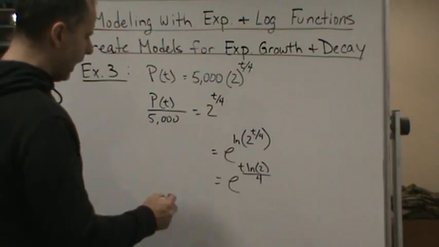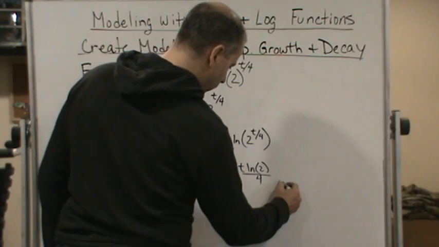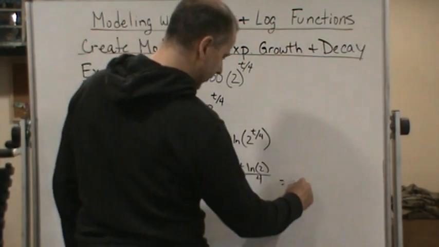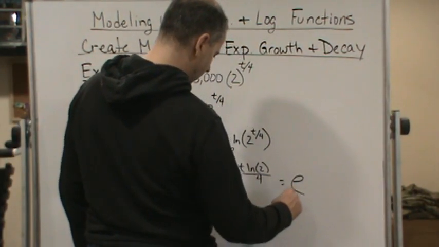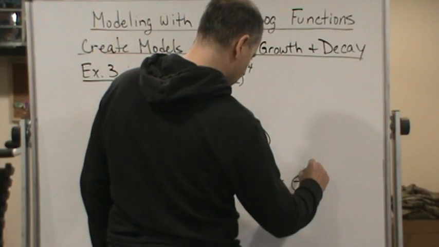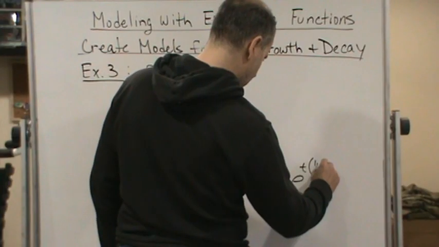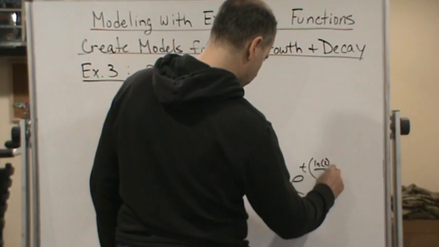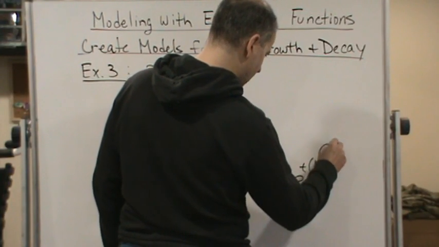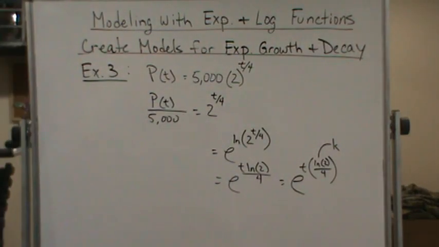Okay? So now look what happened here. So now what happens? This is just what? E raised to what? T times the natural log of 2 divided by 4. So this is now our K value, our constant, right?